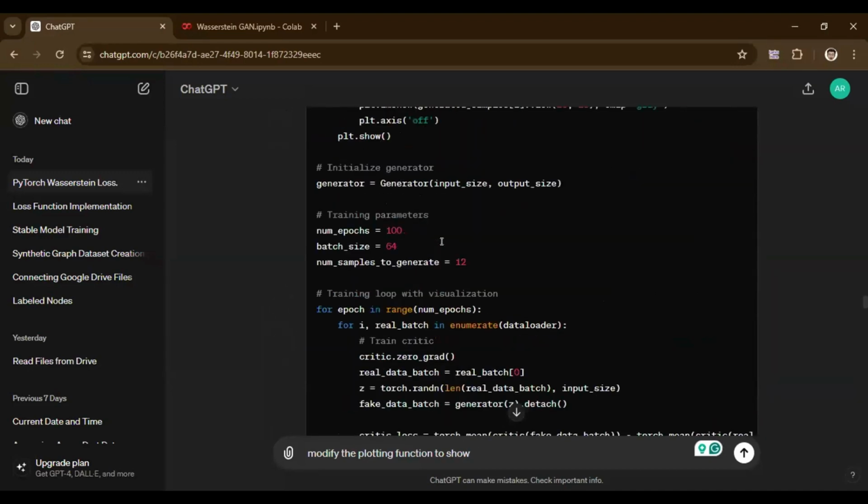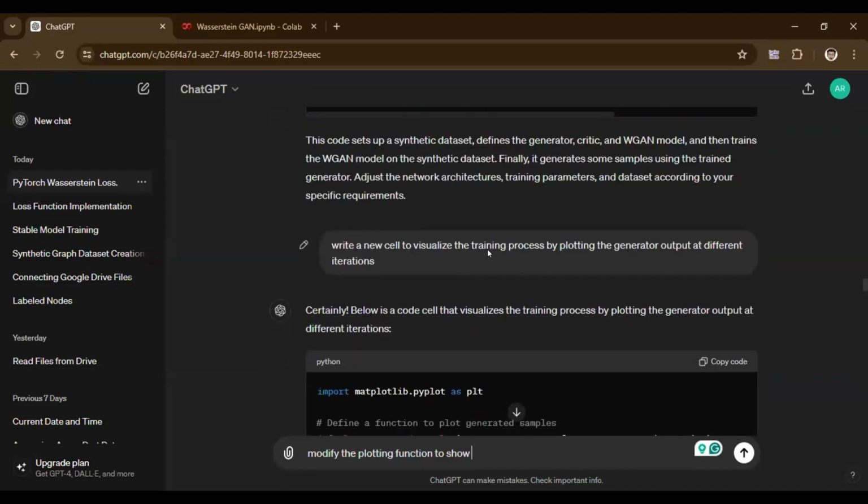Let's check. The result of visualizing the training process by plotting the generator output. So the generator output at different iterations.